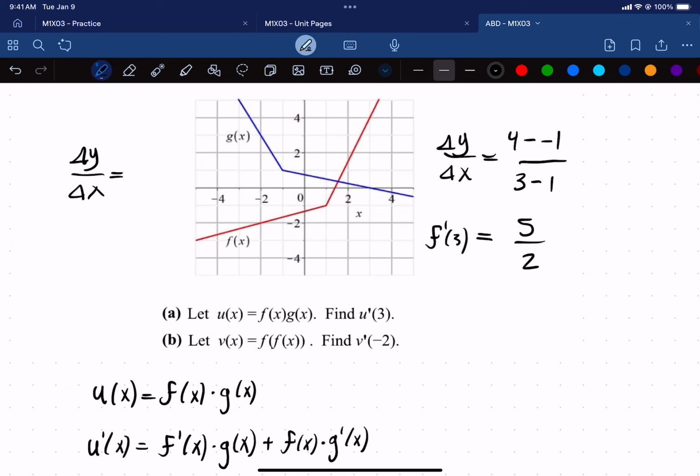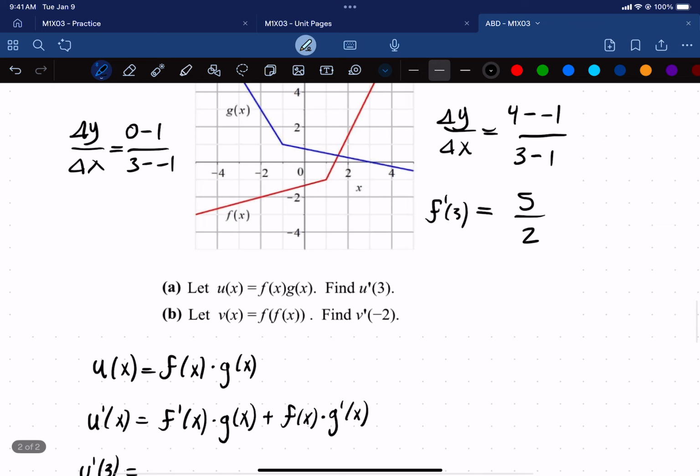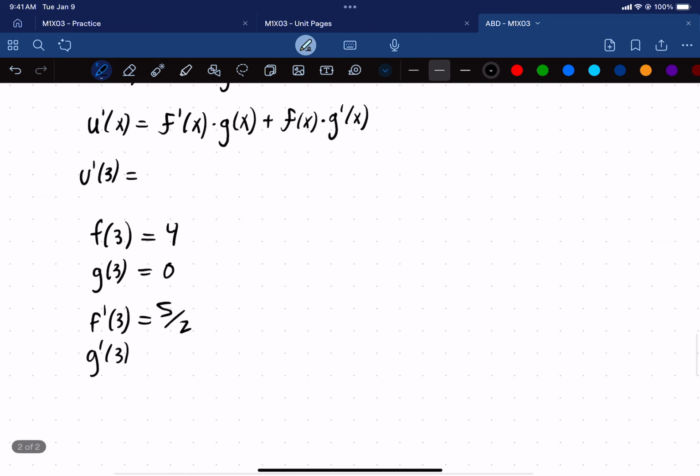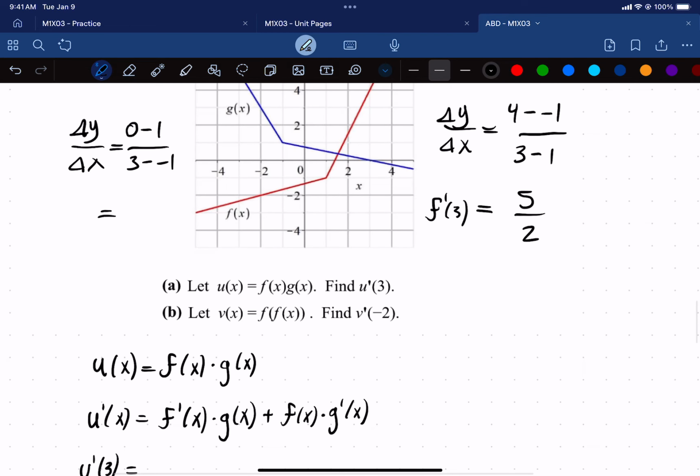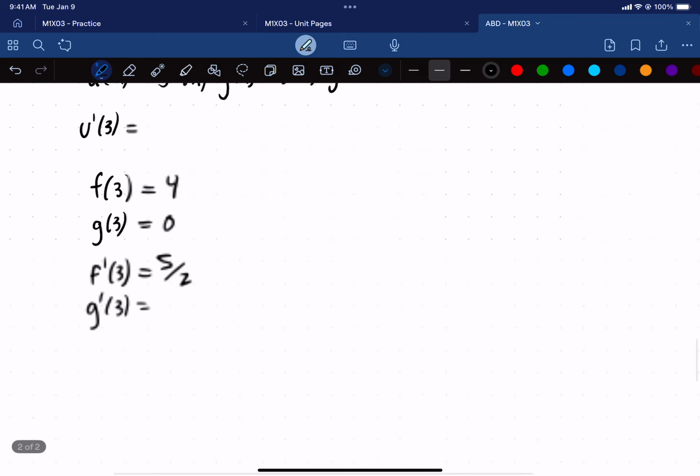So y2 would be equal to 0 minus 1, and then x2 is 3, and x1 is just -1. So we can see that g prime of 3 is equal to -1/4.